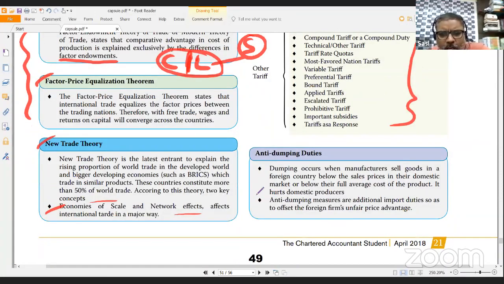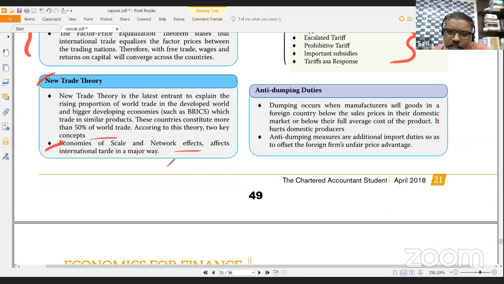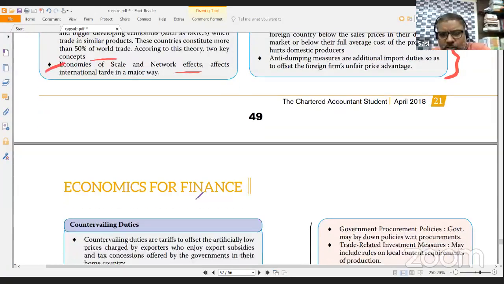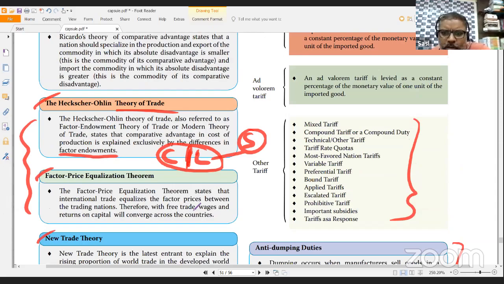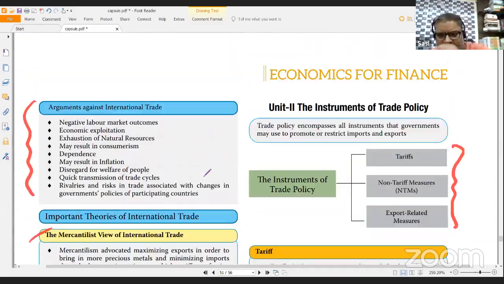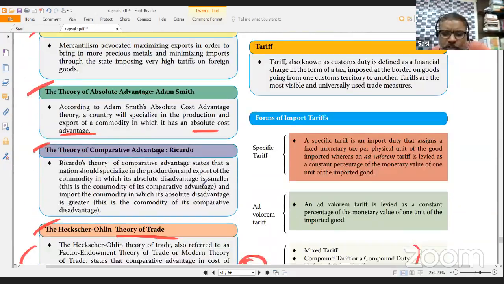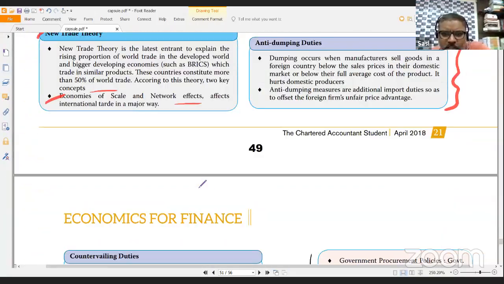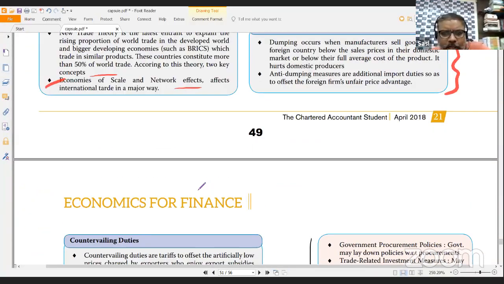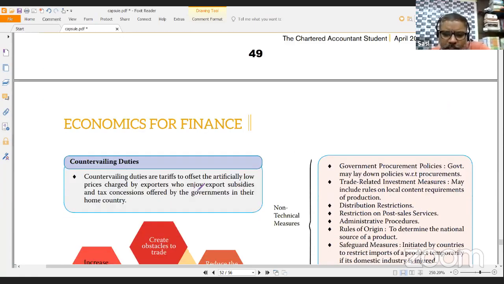Countries will impose anti-dumping duties on other countries if they feel certain commodities are going to be dumped onto our country at a very low cost. In this entire topic of instruments of trade policy, the intention is ultimately to control imports and encourage exports. How do we control imports?